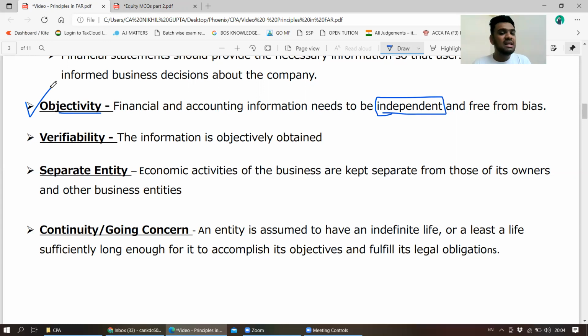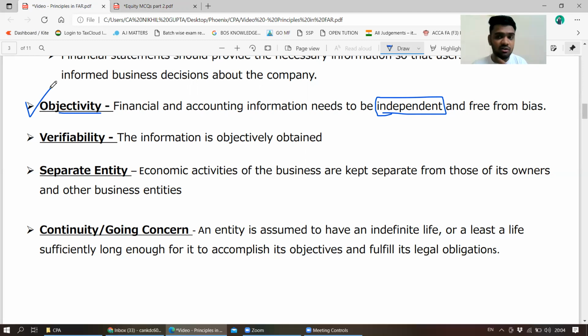Now the next thing is verifiability. Simply, verifiability is supportive to objectiveness. When I have the proof, it becomes a verifiable document for any transaction in the business.